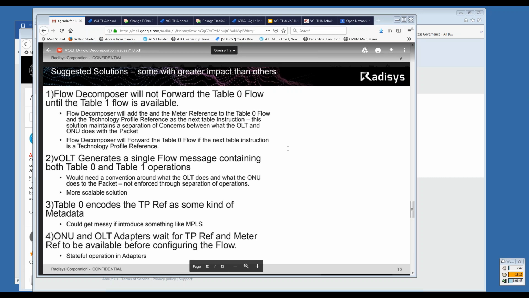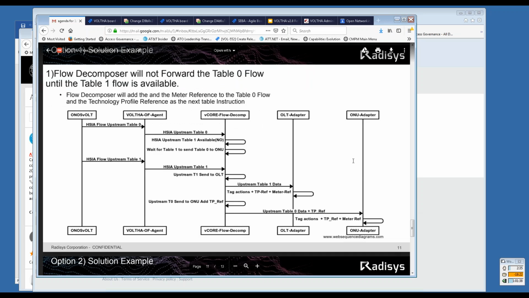Okay, so if you just look at what a couple of these solutions might look like, on the next slide, this is an example of solution 1 that was proposed. The flow decomposer doesn't forward the table 0 flow until table 1 is available. ONOS provisions the table 0 flow, it gets down to the flow decomposer, and the flow decomposer looks at the table 0 flow and sees that it references table 1.